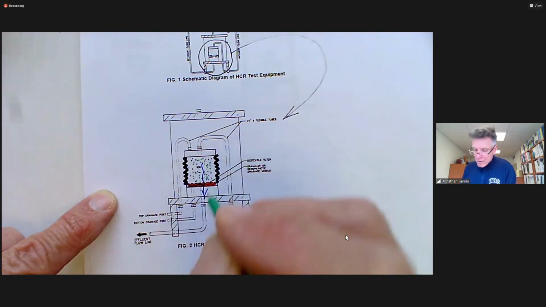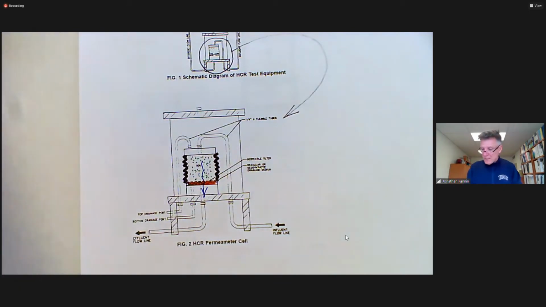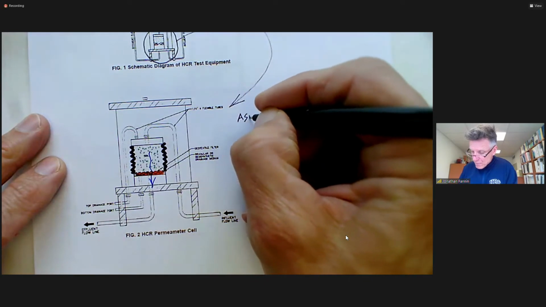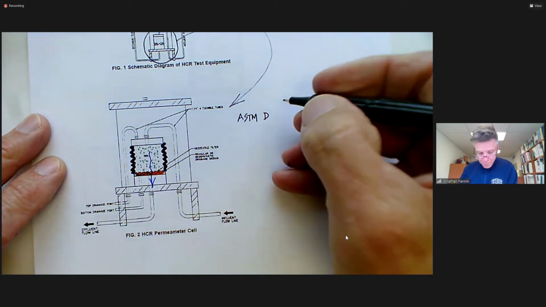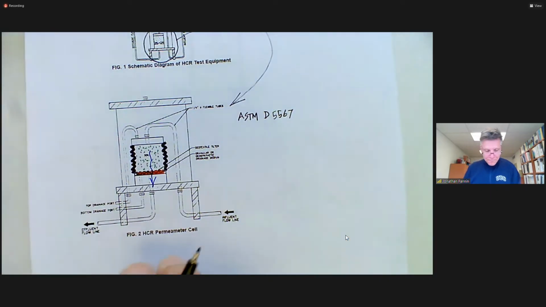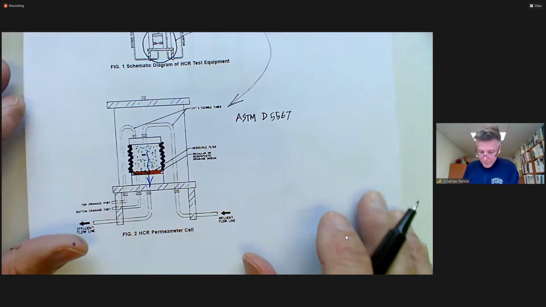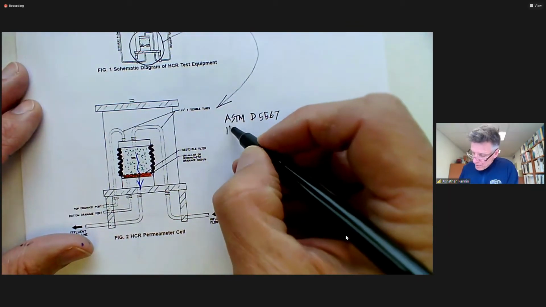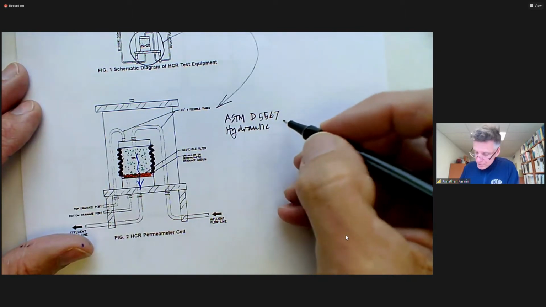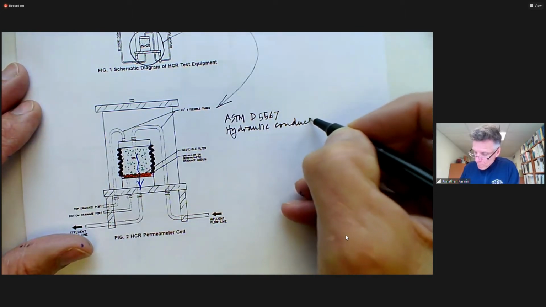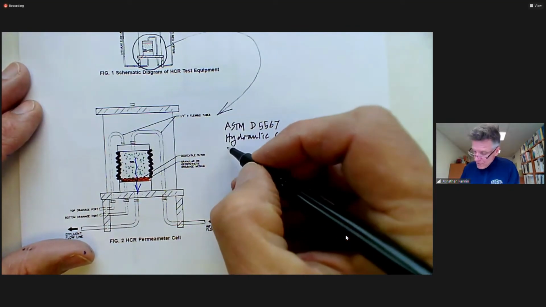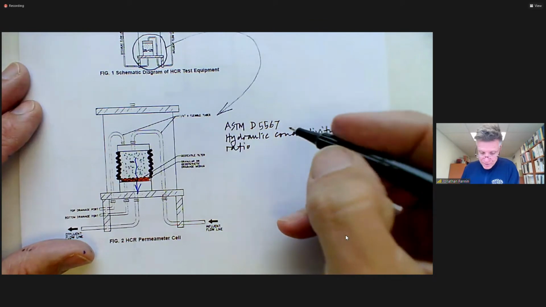I'm going to leave it that this particular test, and let me give it an ASTM code, D5567, is the hydraulic conductivity ratio test.